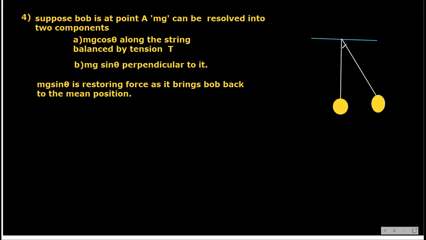And this angle is theta. So at this point, if we will resolve the mg components, this one is mg. This component which is along the string is mg cos theta, and this one is mg sine of theta.